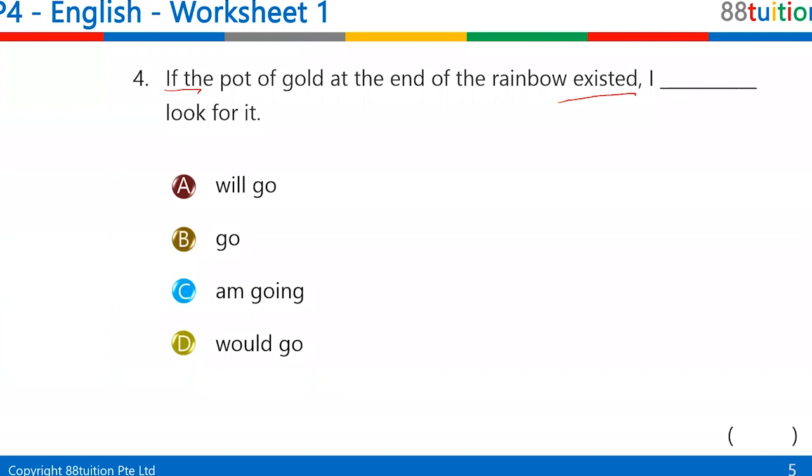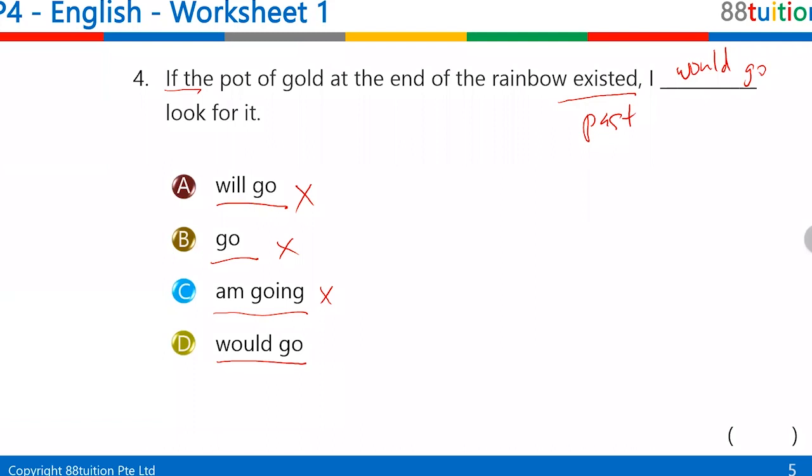So if it existed, because it's past, we also must use past. So "will go" is not past, "am going" is not past, but "would go" is past. So if the pot of gold existed, I would go look for it.